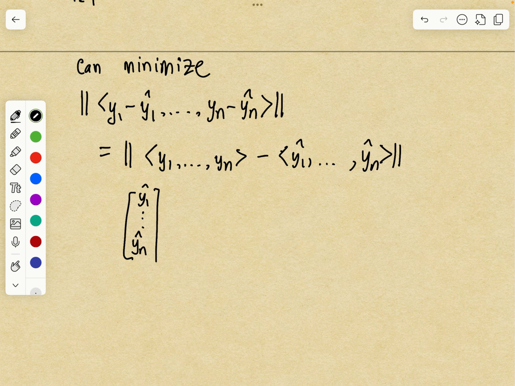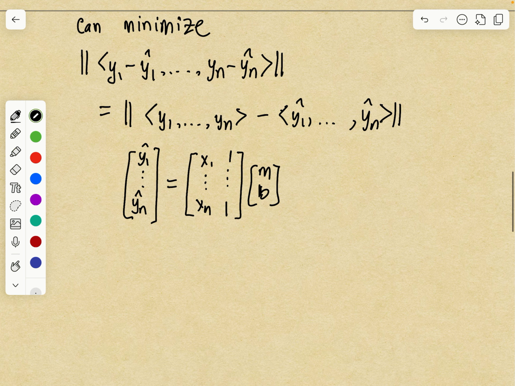If you write it like this, each yi hat is m times xi plus 1 times b. And what that means is if you write things like this, a matrix where the first column is x1 through xn and the second column is all ones, it's this times mb. It's that vector mb.